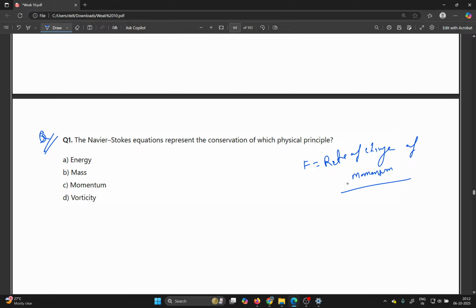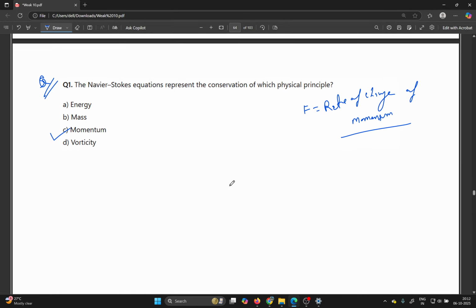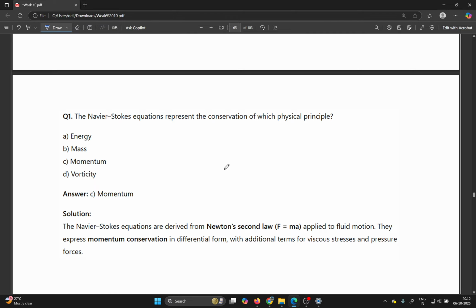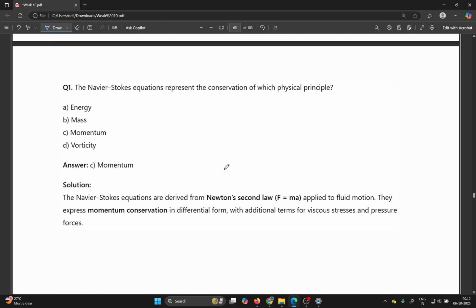So yes, definitely it is based on the conservation of momentum. Navier-Stokes equations are derived from Newton's second law applied to fluid motion, and they express the momentum conservation in differential form with additional terms of the viscous stresses and pressure force.